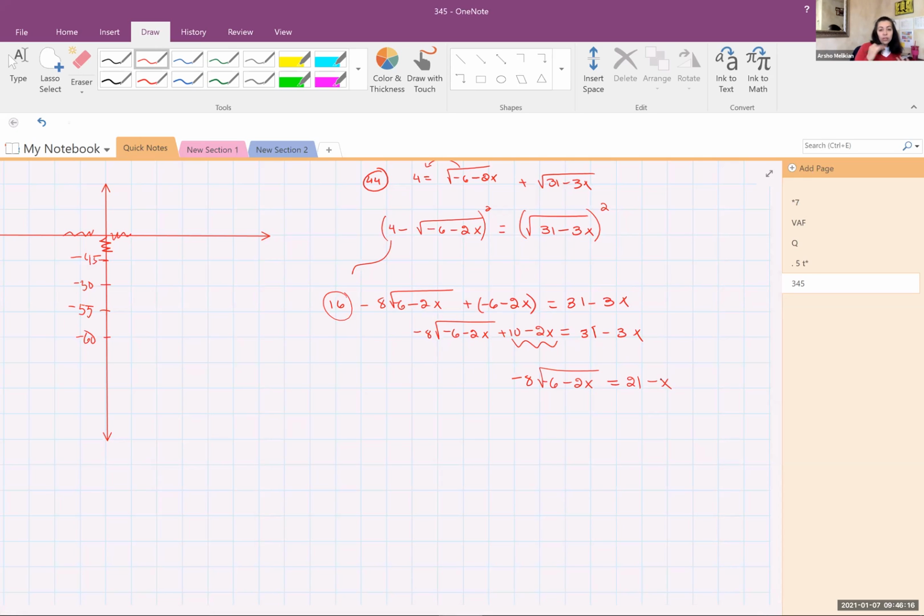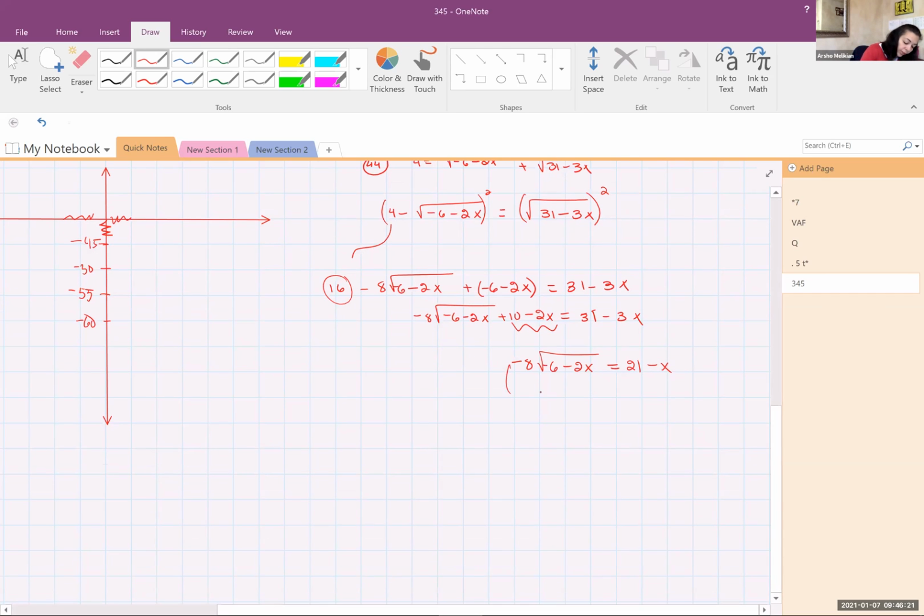All right, so now we're going to square both sides again, right? And what do we get when we square both sides? So what do we get on this side? It's going to give me a 64 times the stuff inside the root. And what's 21 squared? 441.